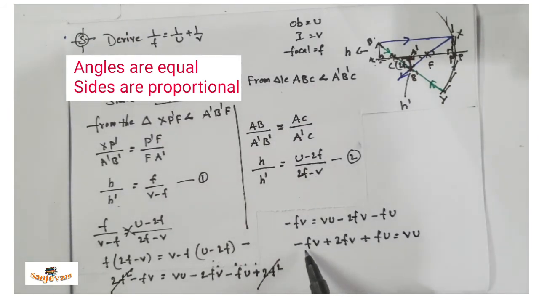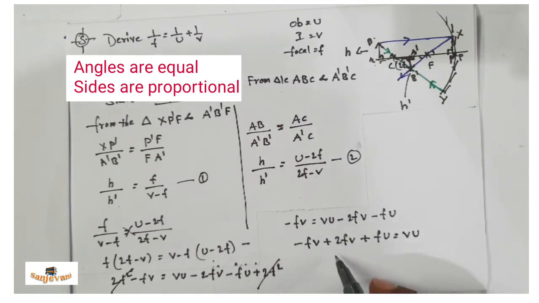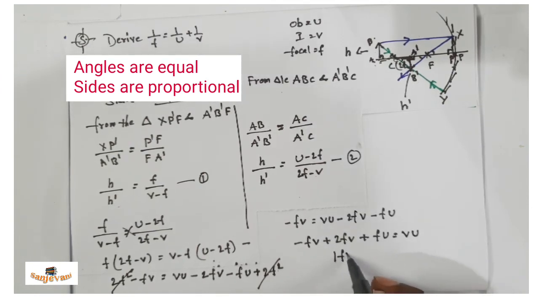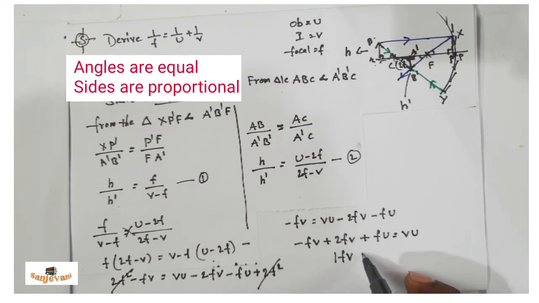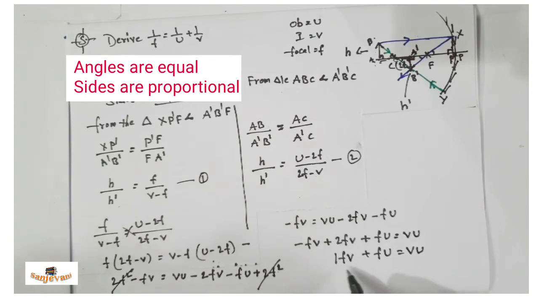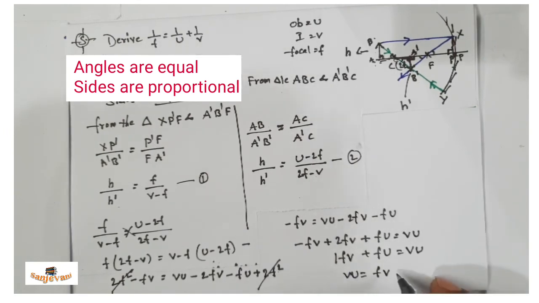Now if you observe, minus fv plus 2fv gives 1fv, plus fu is equal to vu. 1fv is nothing but fv only. Let me write this first: vu is equal to fv plus fu.